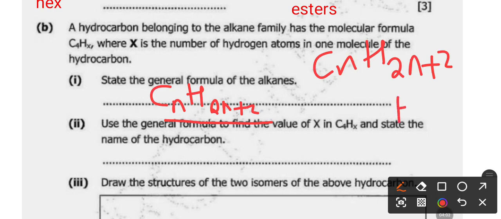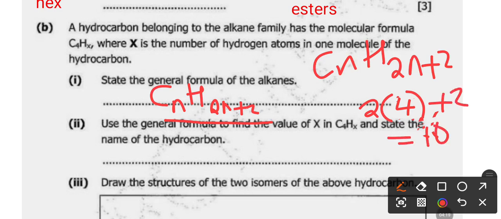So it will be 2 open brackets, let me substitute 4 here, plus 2. This gives me a value of 10. Thus X is equal to 10.